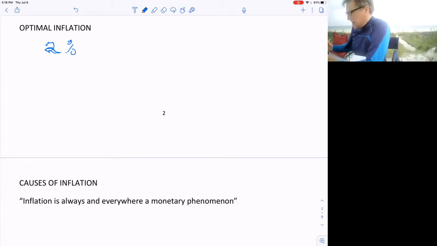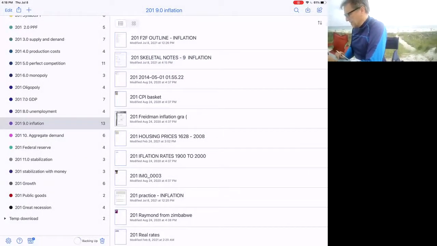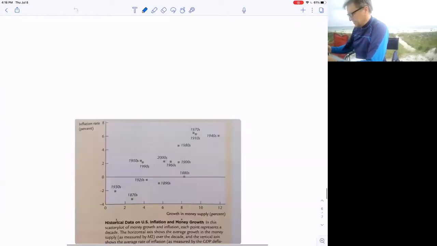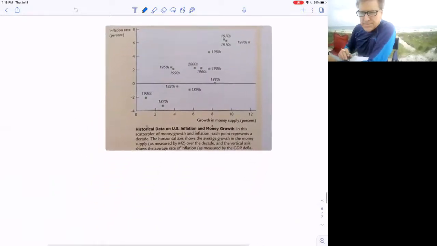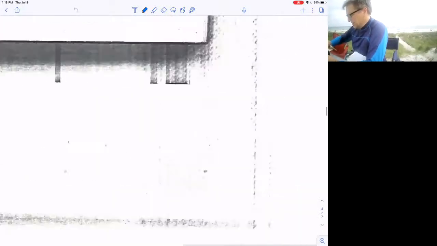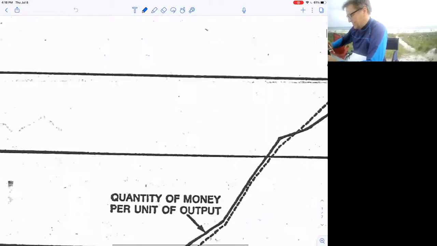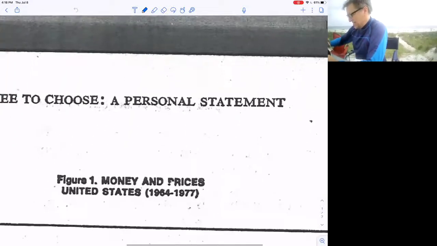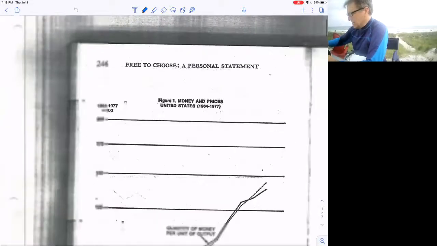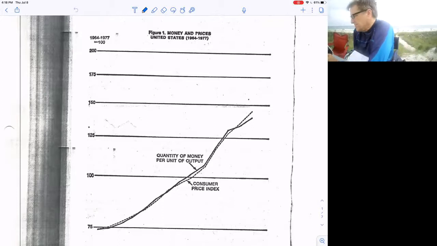I'm going to show you a couple graphs that Milton Friedman came up with. He ran a little study here, and he showed the relationship between money and prices in the United States.